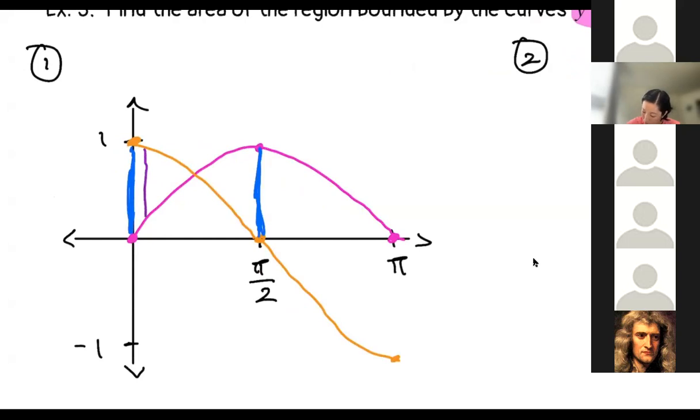So let's try it. Here's one rectangle. Here's another rectangle. Here's the next rectangle. Here's a tiny, tiny rectangle. Okay. So let's pause for a moment. All of the rectangles that I've drawn so far, do they have the same function on the top, and then separately, do they have the same function on the bottom?